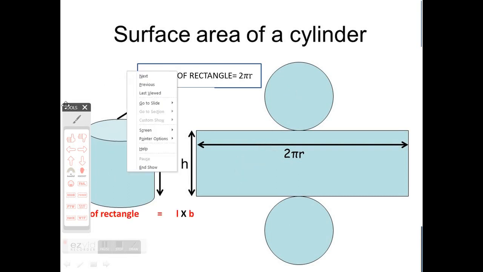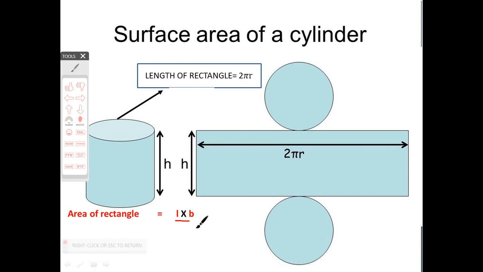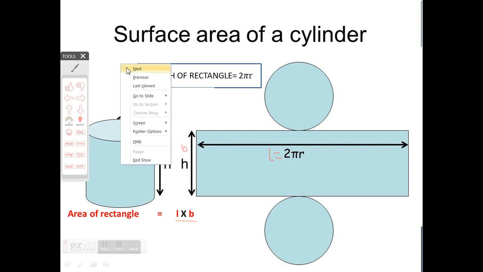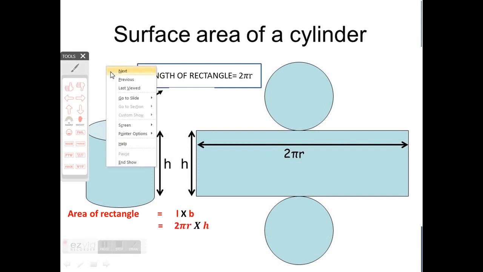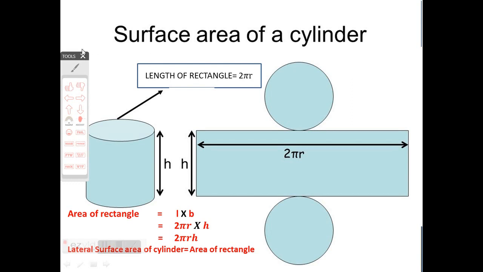Length is here 2 pi r, and what is the breadth? Breadth is equal to height h. By substituting the values, 2 pi r into h, that is equal to 2 pi r h. Therefore, the lateral surface area of the cylinder is equal to the area of the rectangle, that is 2 pi r h square units.